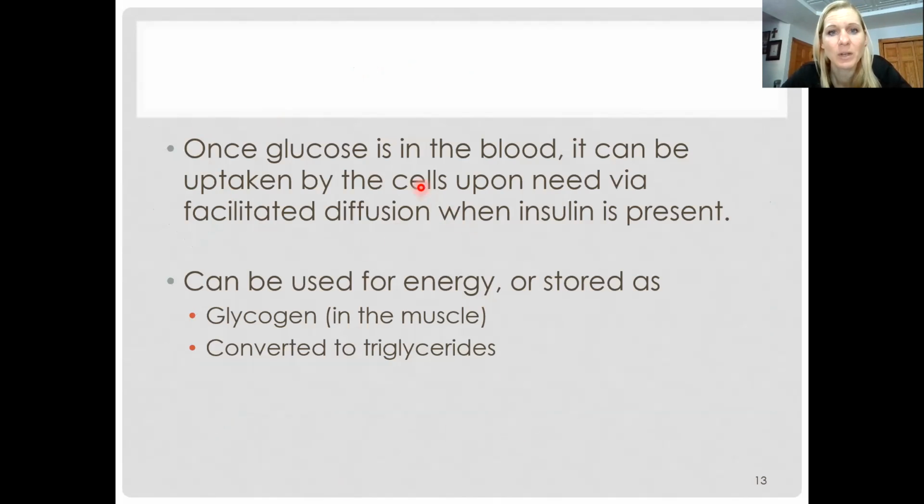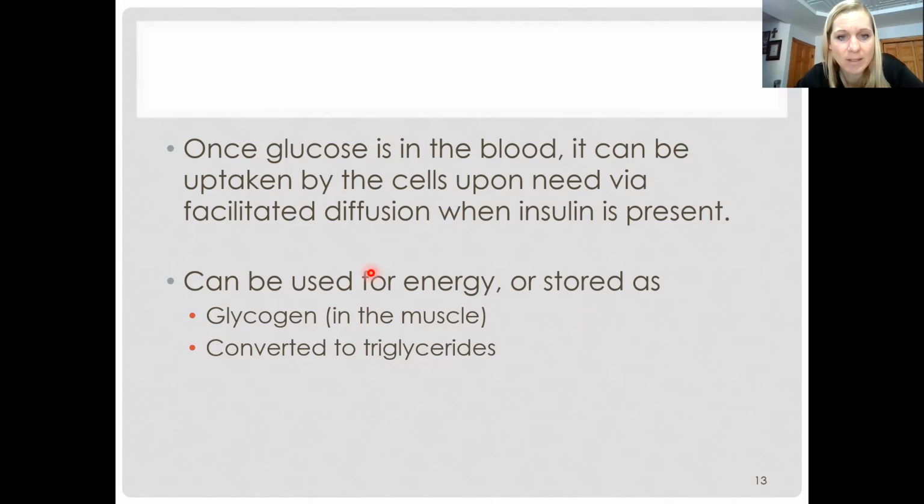Once glucose is put into the blood, it can be taken up by the cells if insulin is present. Insulin is a hormone that allows us to get those sugars into the cell so that we can either store them or utilize them as a fuel source.